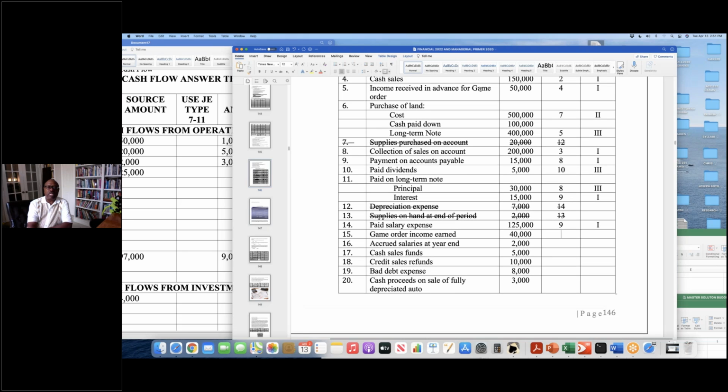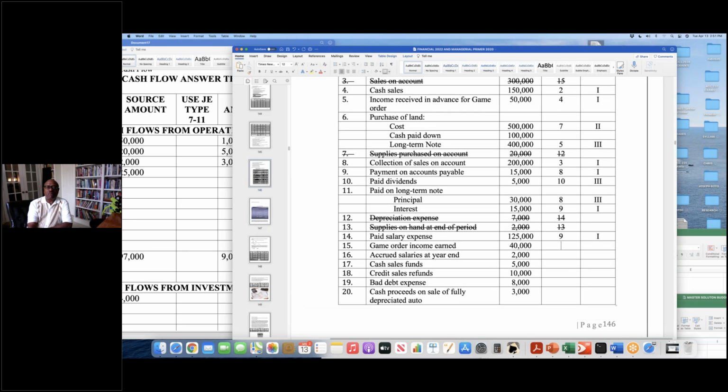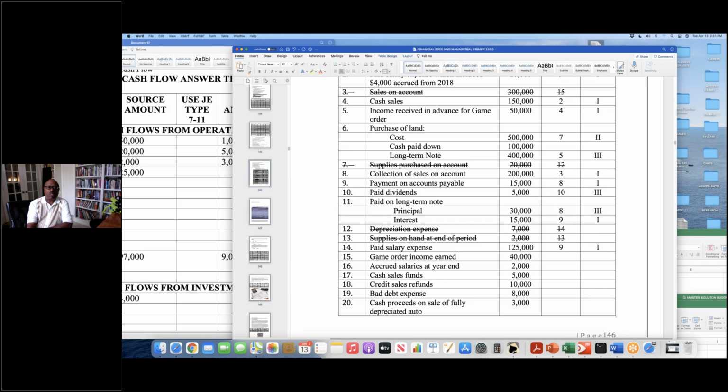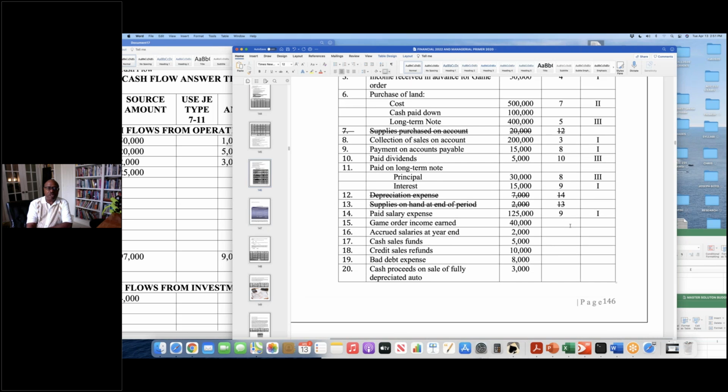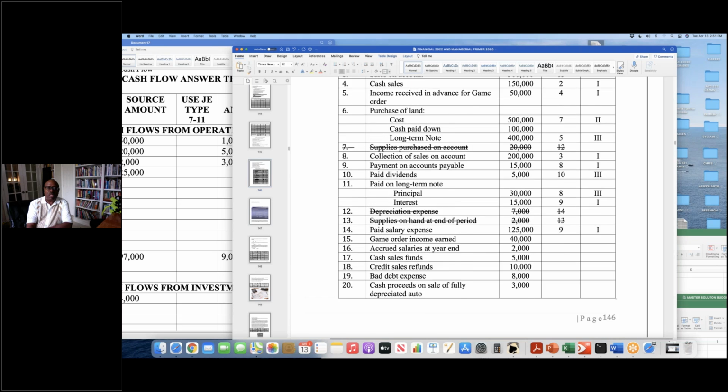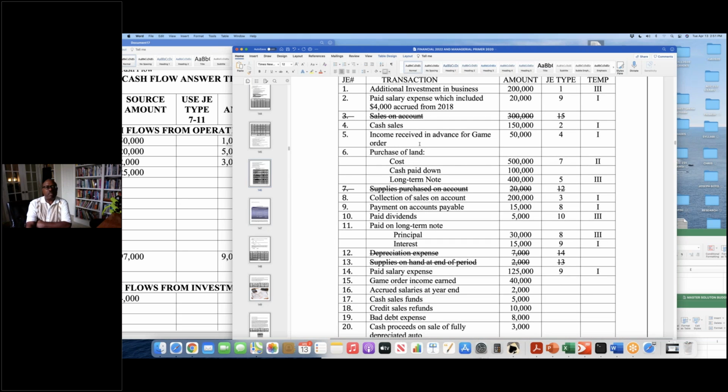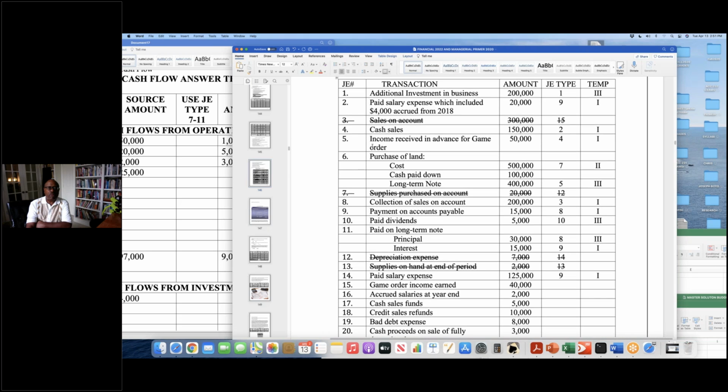Here's where we got the income in advance. Now you deliver the goods. You already got the cash. Isn't it 6? Okay. It relates to 5 where you got this income in advance. Oh, that was a type 4.